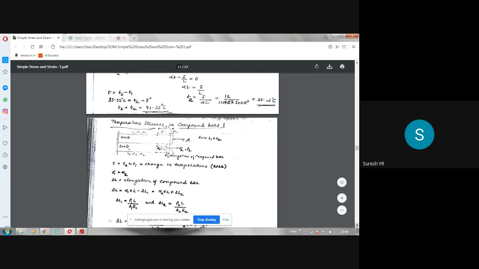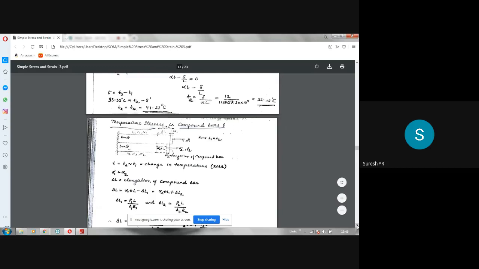We had found out the stresses in the compound bars using two conditions. What is the first one? It is the equilibrium condition, that whatever force is acting on the system will be shared by the bars, that is P is equal to P1 plus P2 plus P3 like that. So using that you can write in terms of stresses. P can be replaced by sigma into A. That's what I had explained.